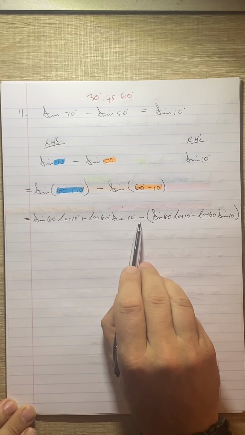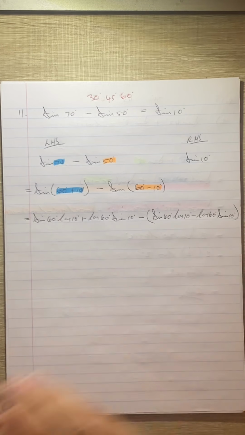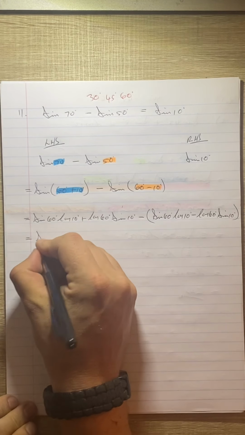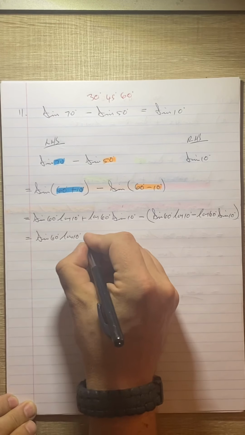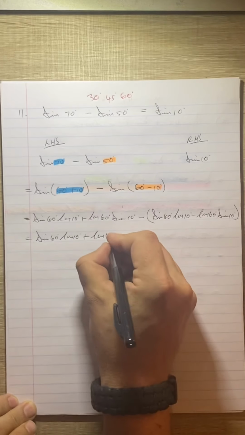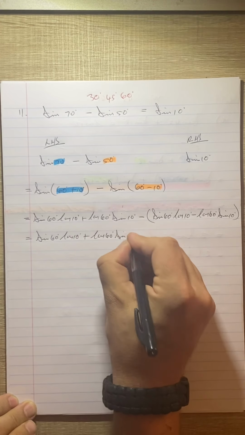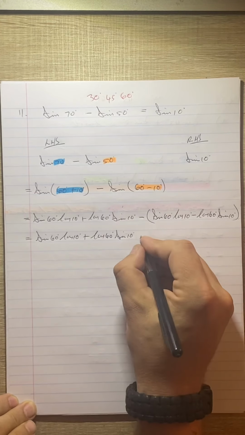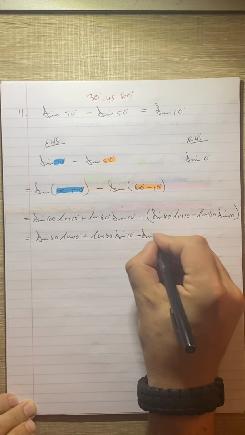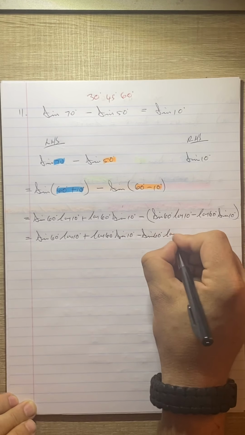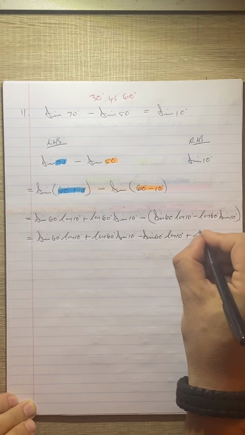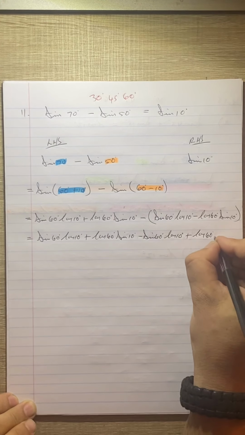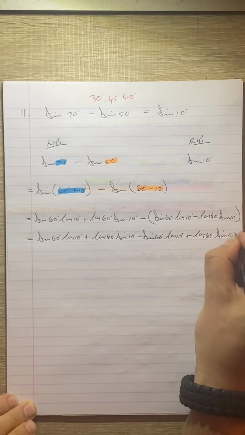Okay, I'm now just going to distribute the negative inside the bracket here, and we get sine 60 cos 10 plus cos 60 sine 10 minus sine 60 cos 10 plus cos 60 sine 10.